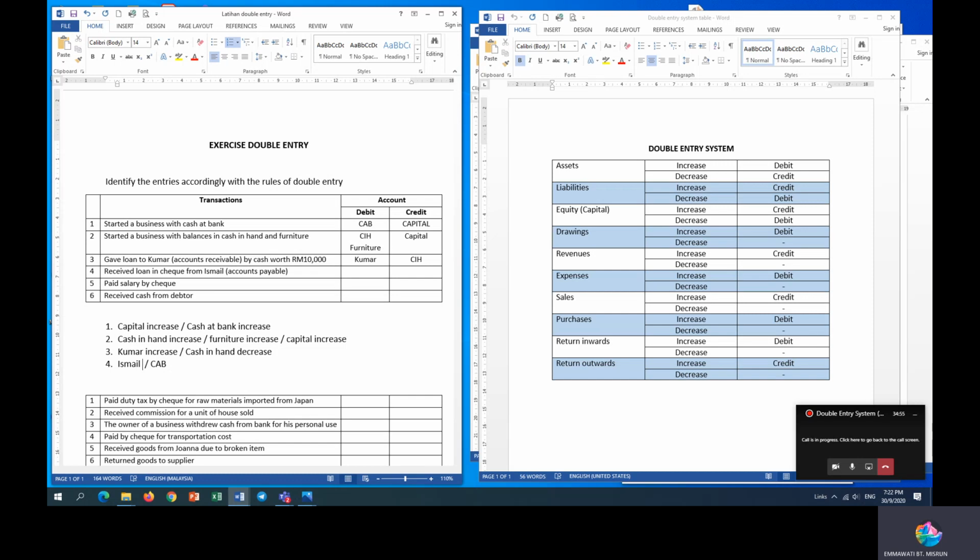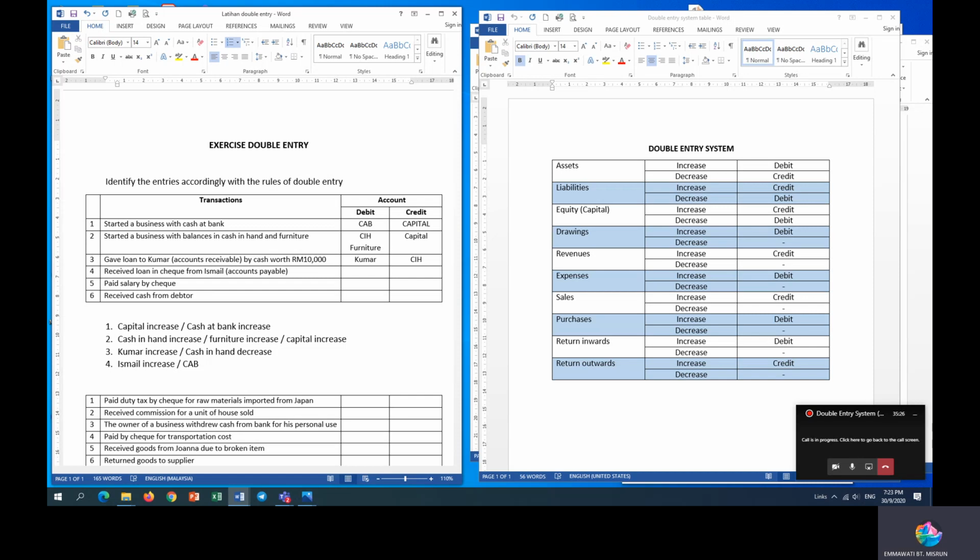So Ismail is our liability. So before that we don't have any loan with Ismail. So due to the transaction, our loan has increased. Hutang kita bertambah. So Ismail increased. Daripada tidak berhutang kepada berhutang.